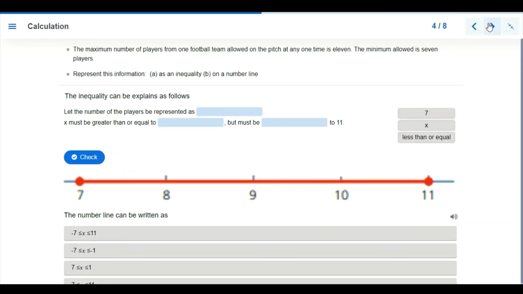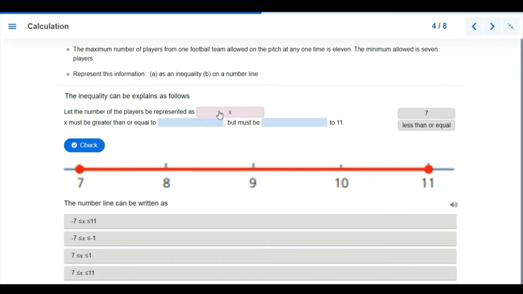Let's assume we don't know the exact number of players, so let the exact number of players be x. Then x must be greater than or equals to 7, because the minimum allowed is 7.